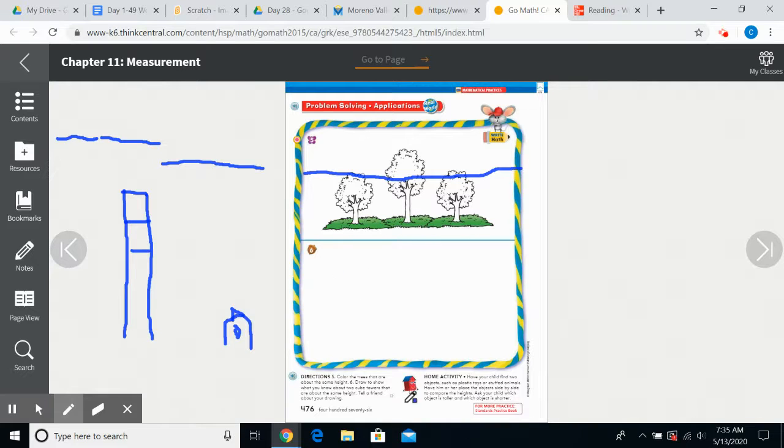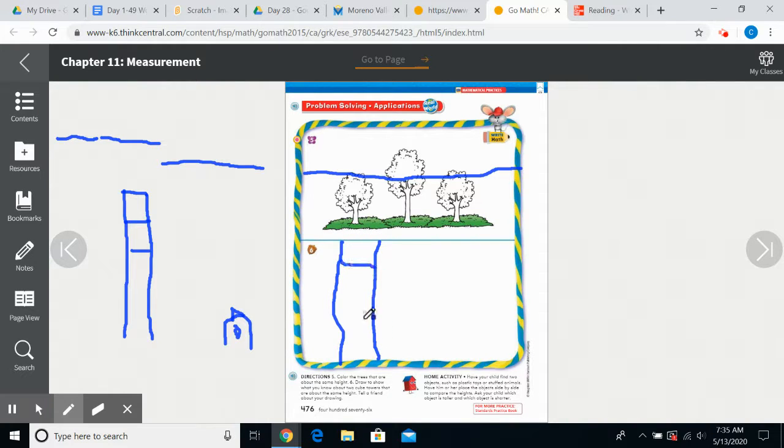And on number 6 on the bottom, they want us to draw to show what we know about 2 cube towers that are about the same height. So you can decide where you want your cube towers to touch. We already have a line right here. I think I'm going to make 2 cube towers that touch this line right here. Of course, mine aren't very straight. I hope yours are much straighter.